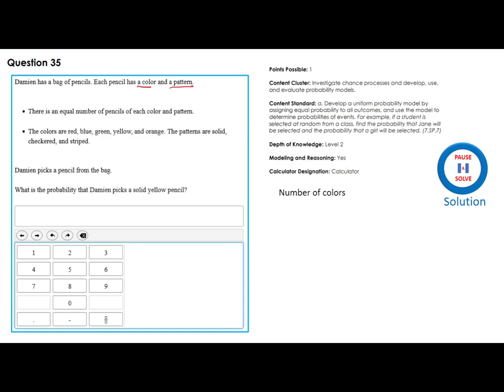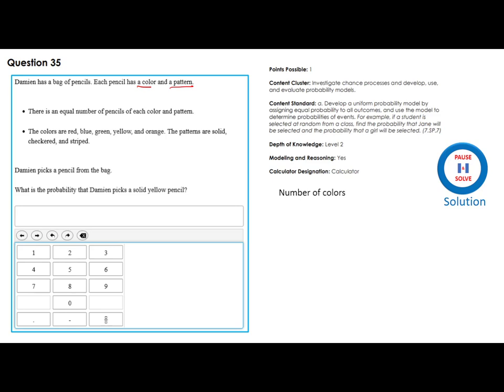The patterns are solid, checkered, and striped. Damian picks a pencil from the bag. What is the probability that Damian picks a solid yellow pencil?